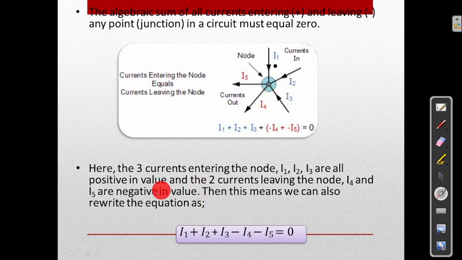So we can also rewrite the equation as I1 plus I2 plus I3 minus I4 minus I5 equals 0, because I4 and I5 are leaving that particular node. This is the algebraic sum of all currents entering and leaving at this junction point.